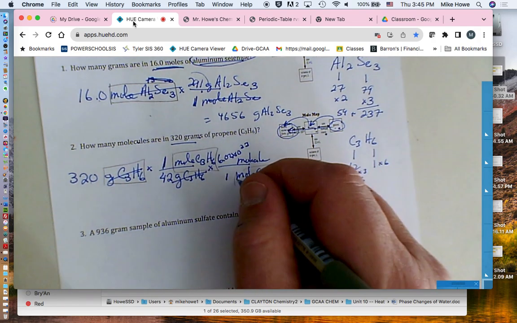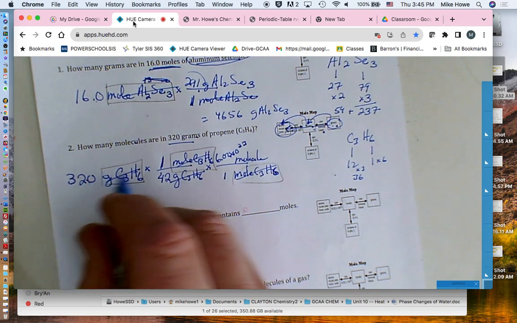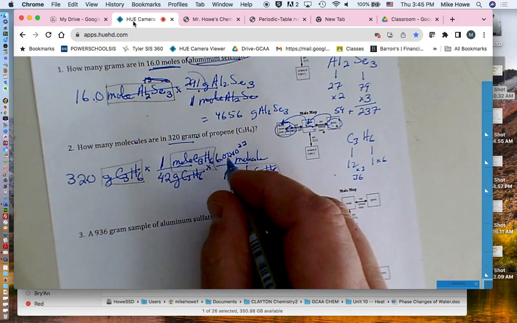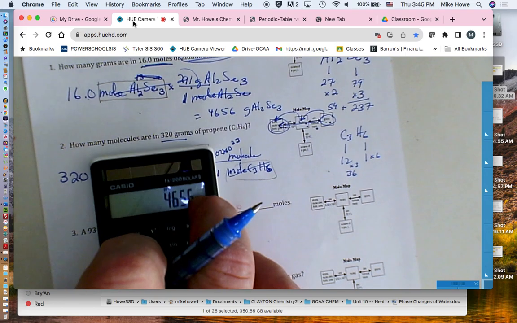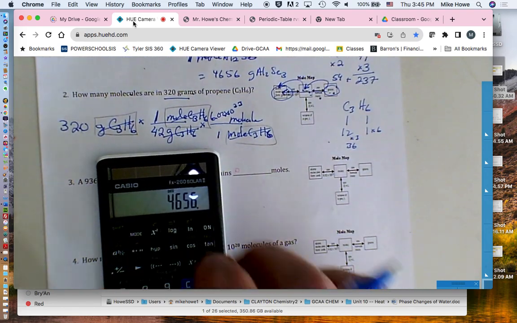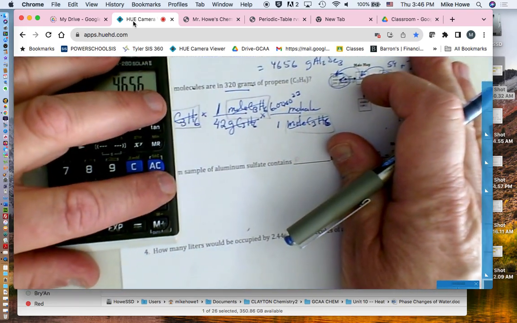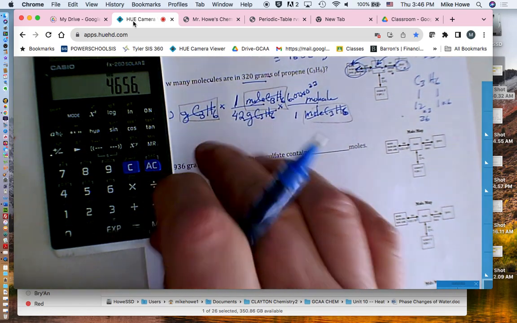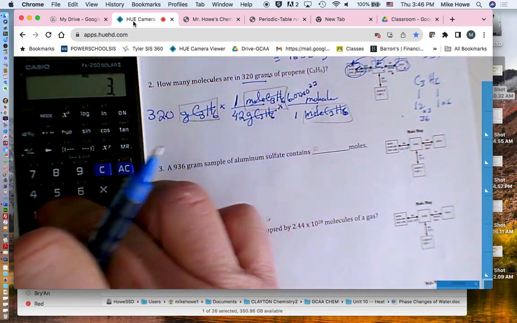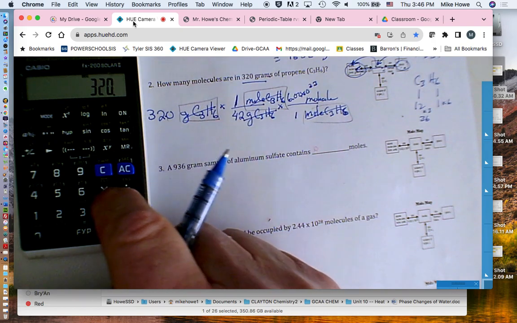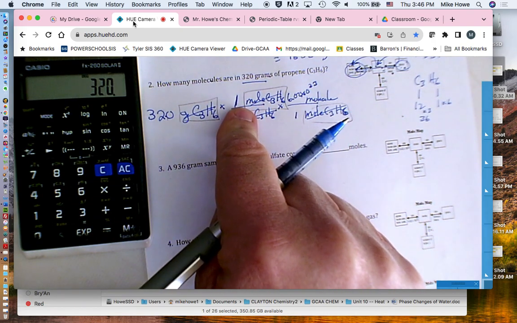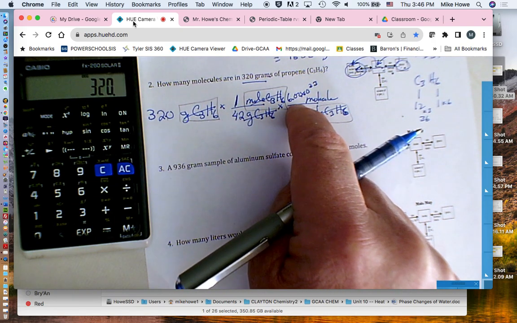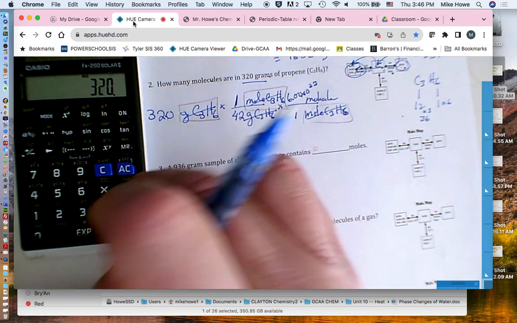Now we're ready to do the math. So we're going to have 320 multiplied by 1 multiplied by 6.02 times 10 to the 23rd. So let's do that. And I'm going to show you on this calculator how to type in these numbers. So 320 times 1, which I'm just going to skip, then multiply by 6.02 times 10 to the 23rd.